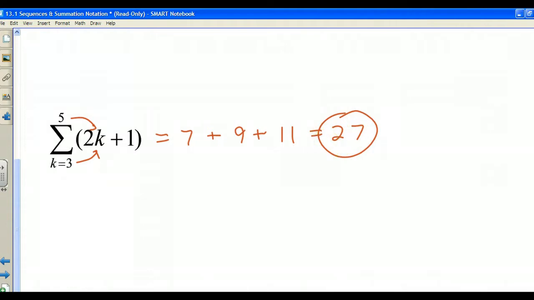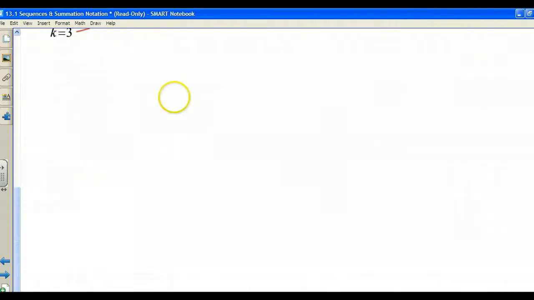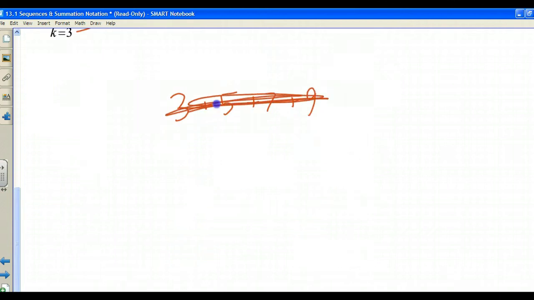To take it a step further, I'm not sure if your book does this, but let's say we wanted to write a sequence in sigma notation.